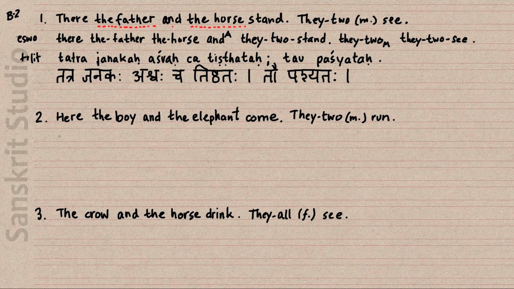Alright, so then we have number 2 here. Here the boy and the elephant come, they two run. Okay, and then we do the same thing. We start with the adverb here, and we are grouping the boy.